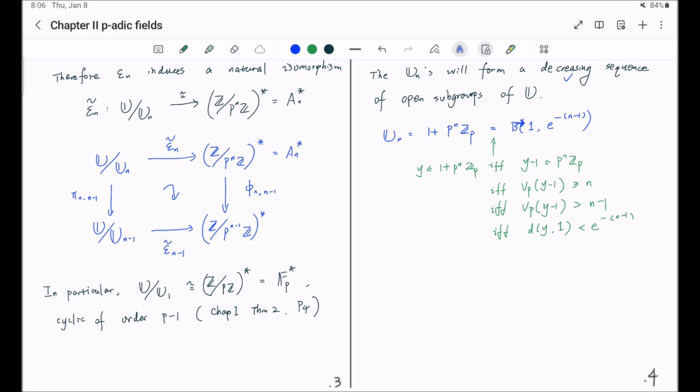So this is indeed equal to this open ball. So this is open.